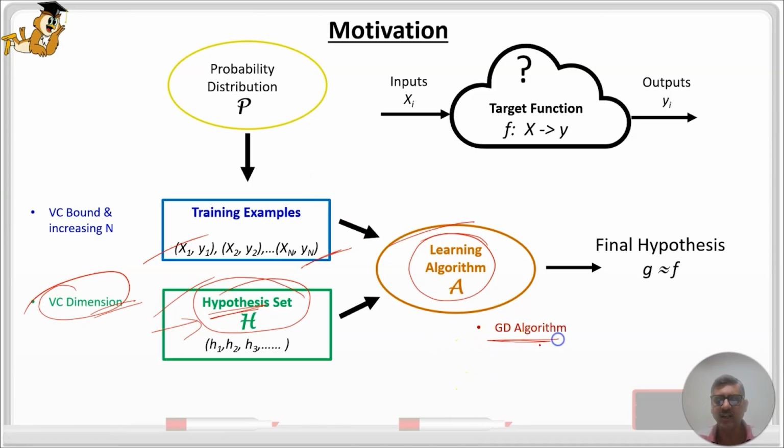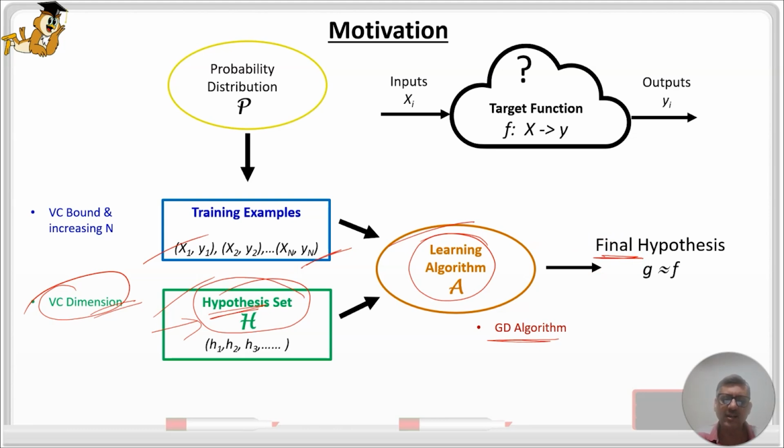So we looked at the gradient descent algorithm. The bottom line was that the learning problem was configured as an optimization problem, where we optimized the mean square error, some sort of an error metric that yielded the final hypothesis, okay, the final hypothesis.